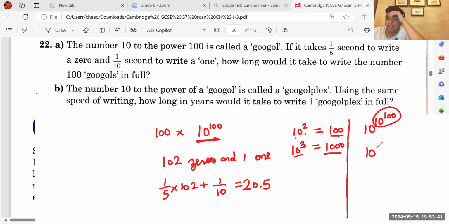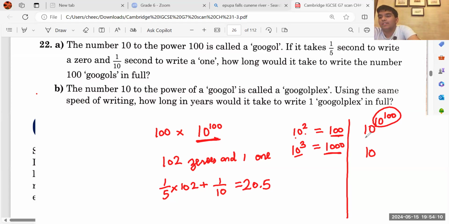So then 100 into 10 into 10 into 10, so 10 times maybe. Beta, no. This is 1 with 100 zeros. You understand, the power is 1 with 100 zeros. So when you do 10 to the power that number, what will you get?